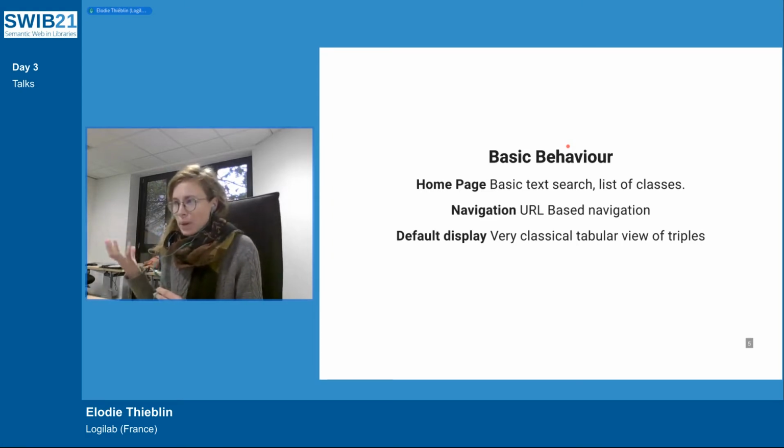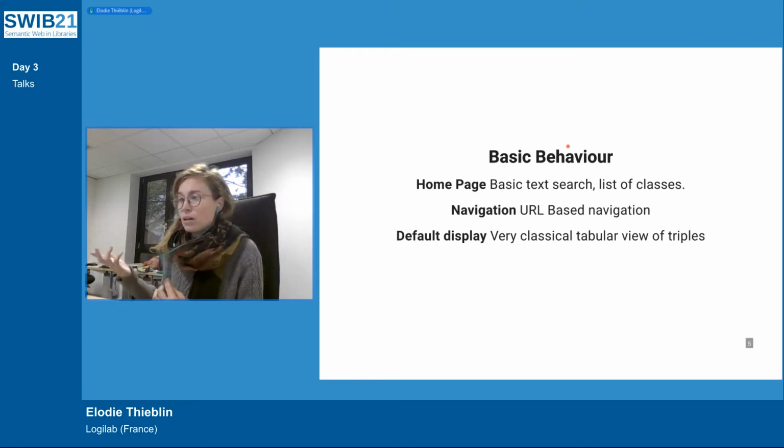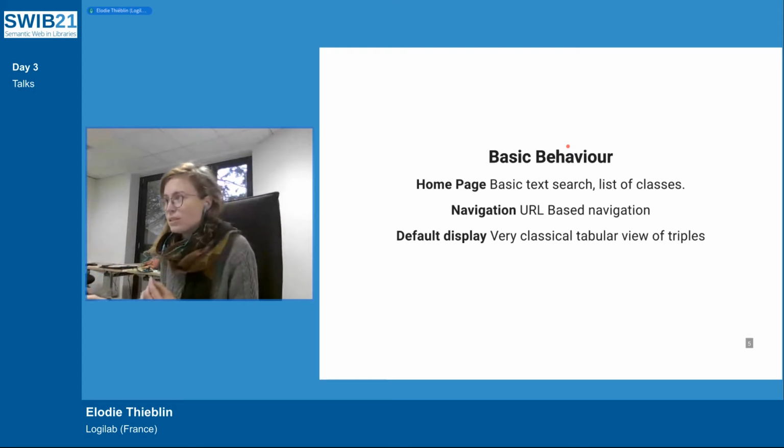The first thing is a homepage with basic text search and a list of the classes of the SPARQL endpoint. And then in the SparqlExplorer, you can navigate URL by URL on the data that is available on your SPARQL endpoint. And we have a very classical display that I will show now.